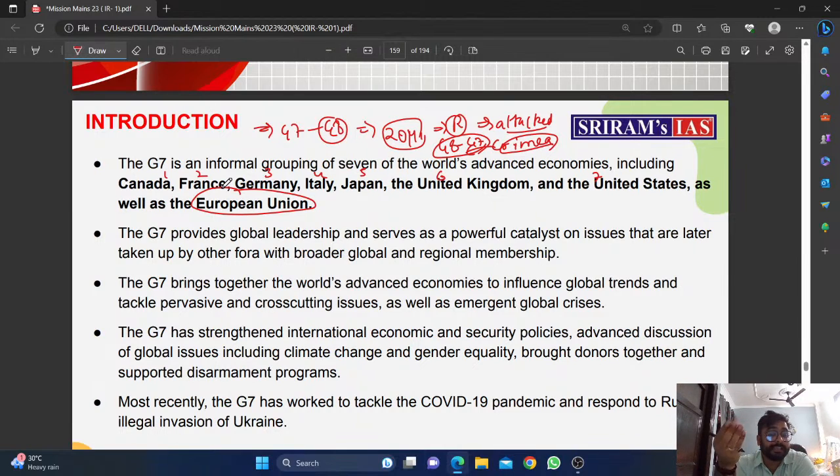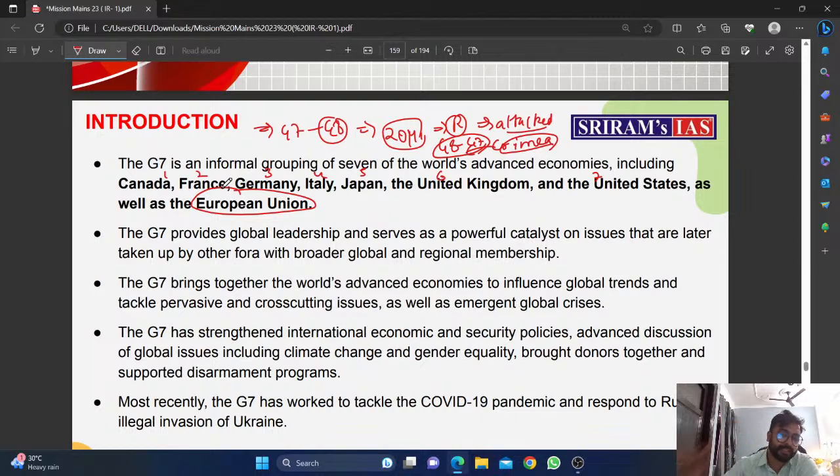So their economy, their global trends, their decisions can impact the globe. That is why they are important for global discussions. These G7 nations have strengthened international cooperation and security policies, advanced decisions on global issues including climate change and gender equality, and they have also brought donors together and supported disarmament.